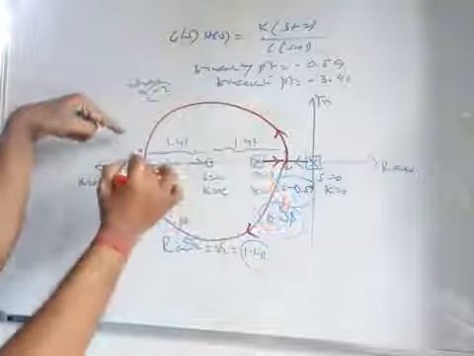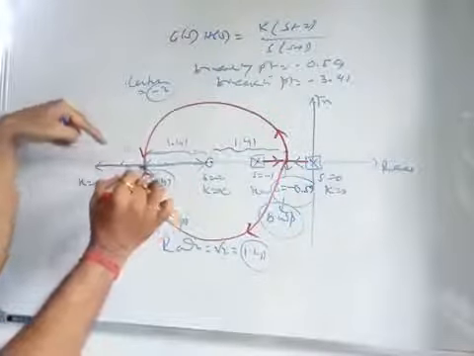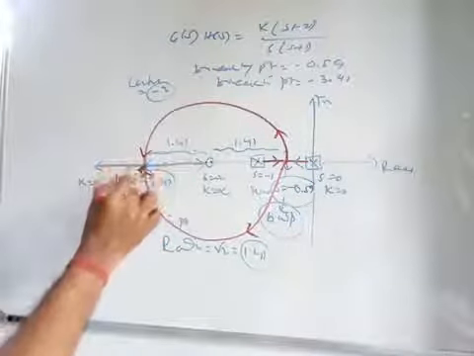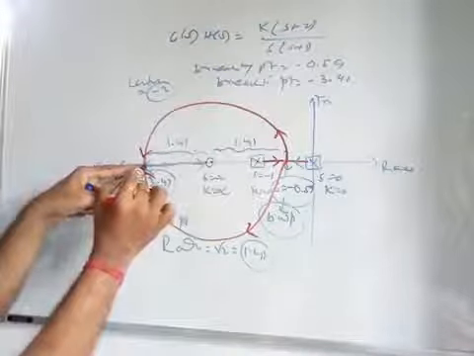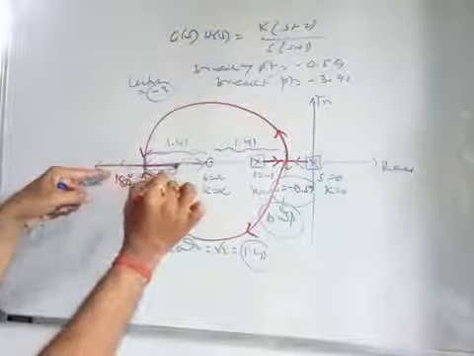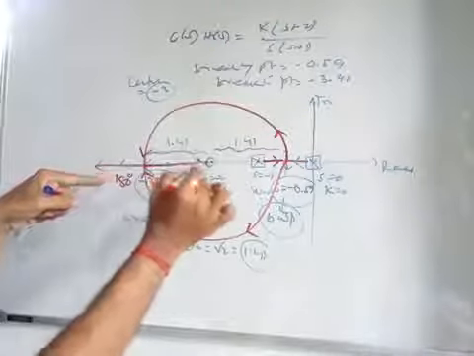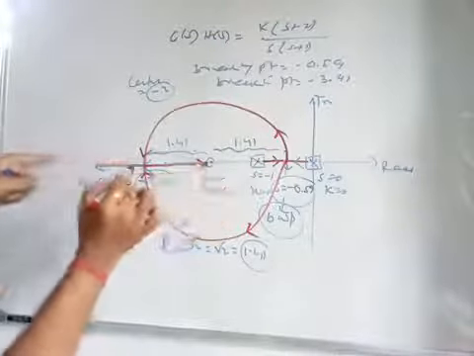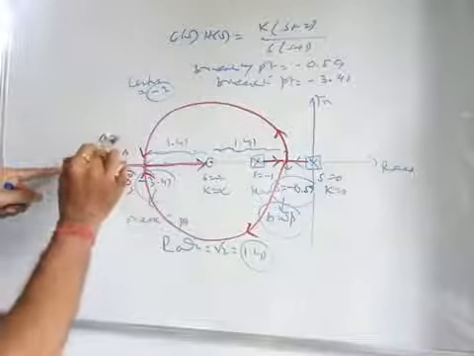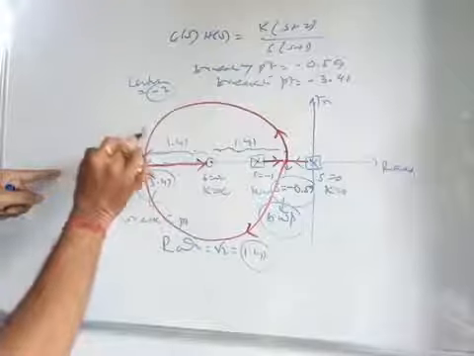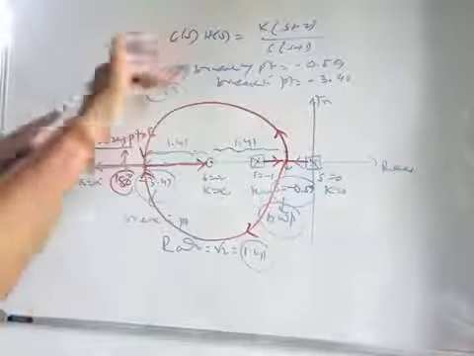These two branches come together and meet at a point on the real axis, known as the break-in point. When it reaches the break-in point, one branch goes to the zero to terminate, and one branch goes to infinity along the asymptote, right? So this is the structure.